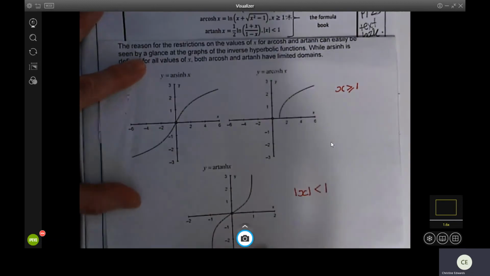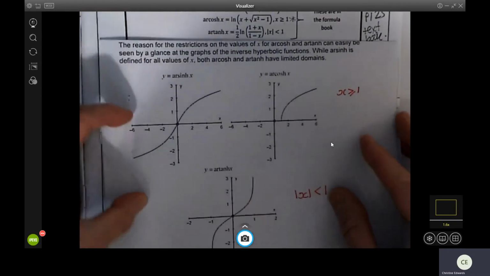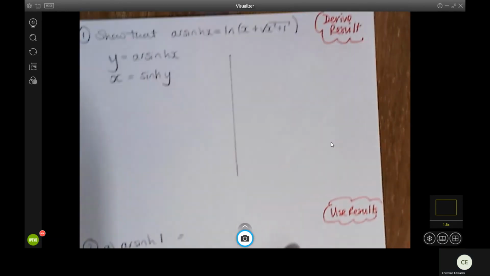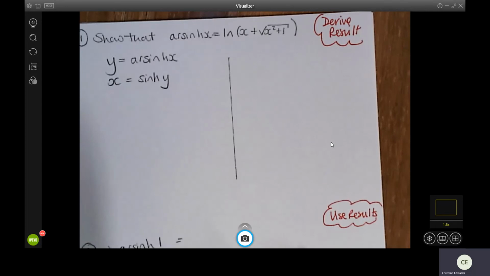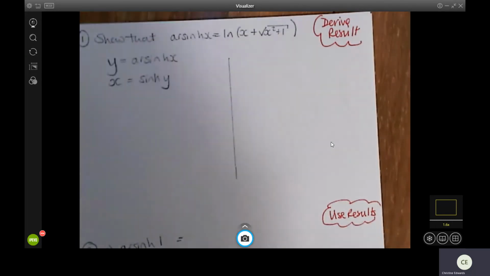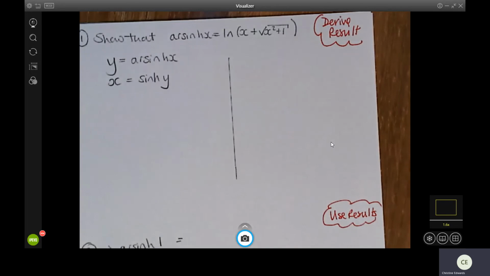Okay, so we're now going to do questions 1 and 2 on page 40. So question 1, we are being asked to derive the result for the inverse of sinh.